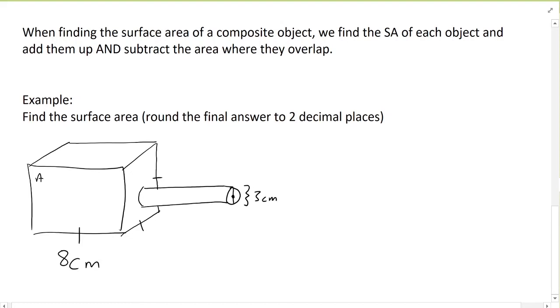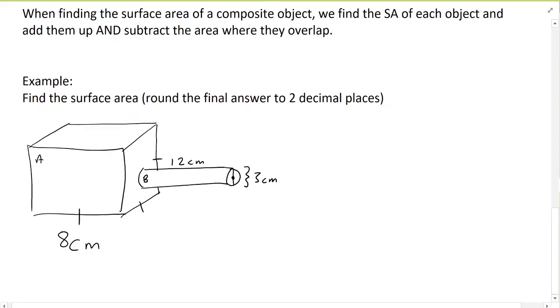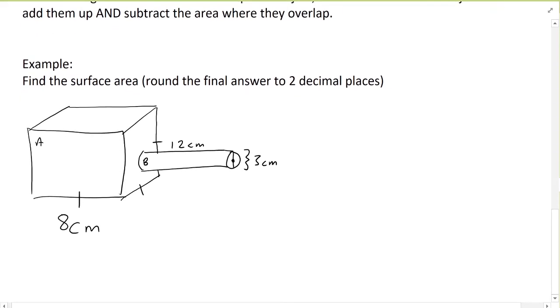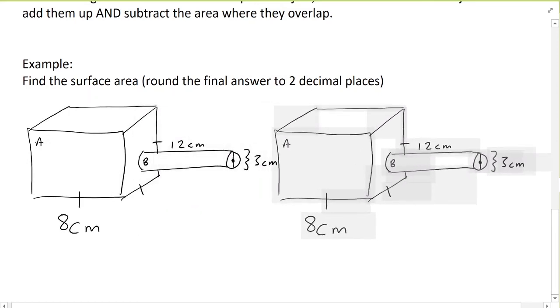And this part right here is going to be 12 centimeters long. And this is going to be our object B. Okay, we need to find the surface area of this object. I'm going to move it over to the side so I can get all the calculations on the left side.